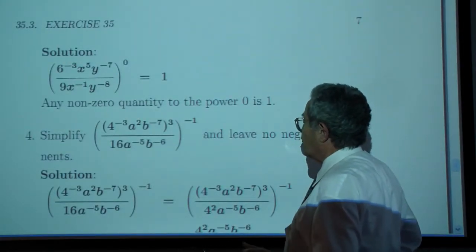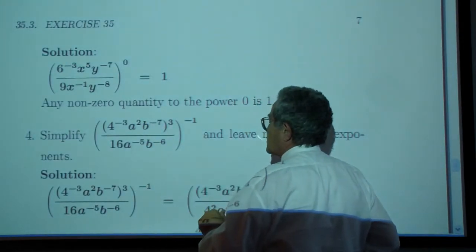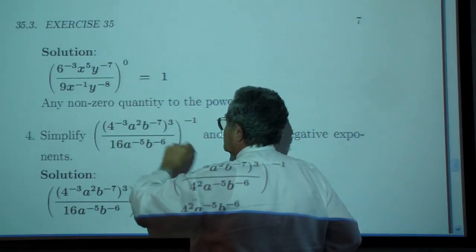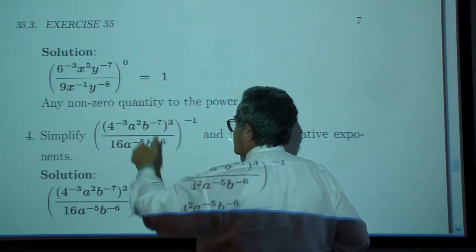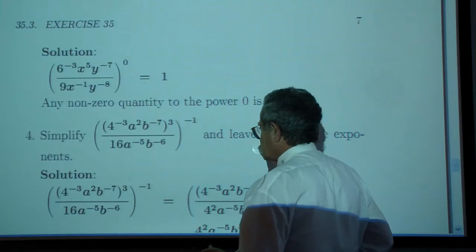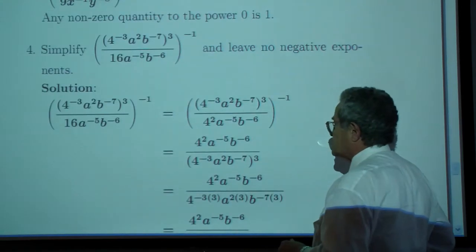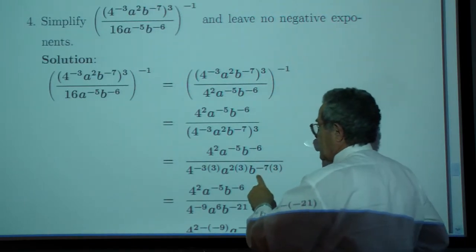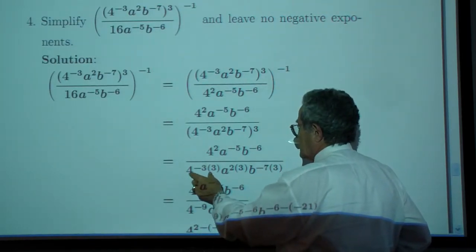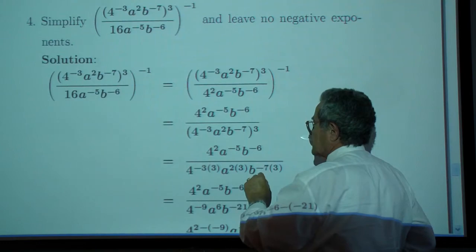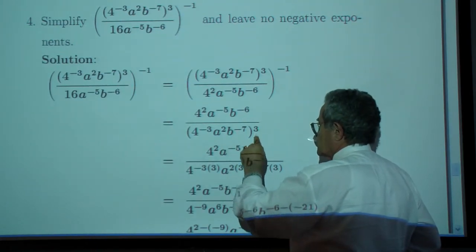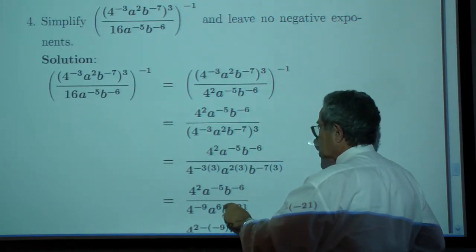In example 4, you can take the reciprocal, or you can cube this out first, and then work with the inside. But I think if you take the reciprocal, that's probably simpler. And then you get 4 to the negative 9, negative 3 times positive 3. 2 times 3, 6.